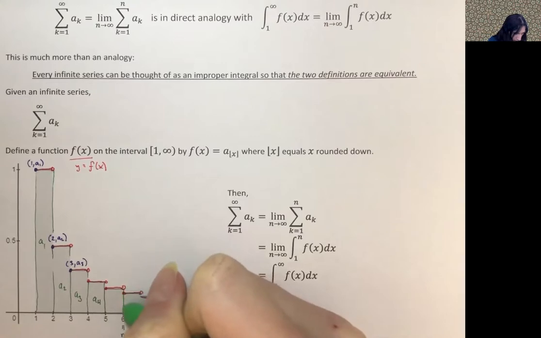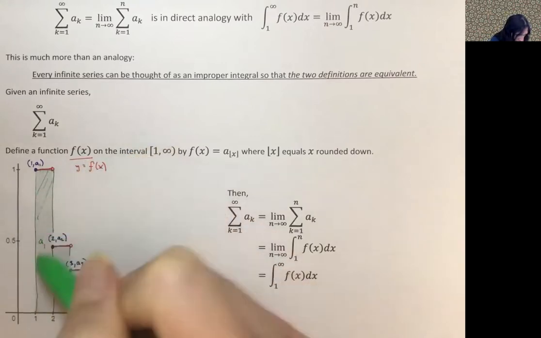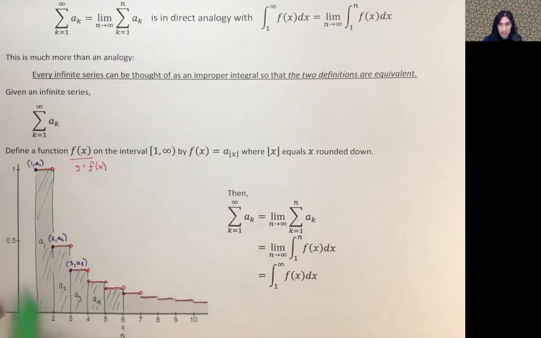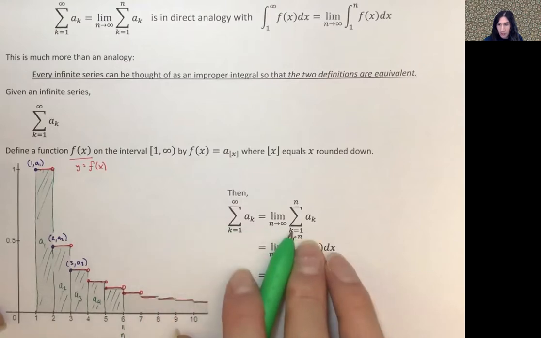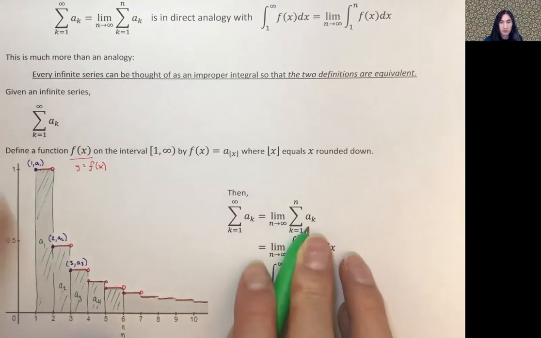Then I would shade in all this right here, and my shaded area would be the partial sum from k equals 1 up to n equals 6 of these terms, okay?